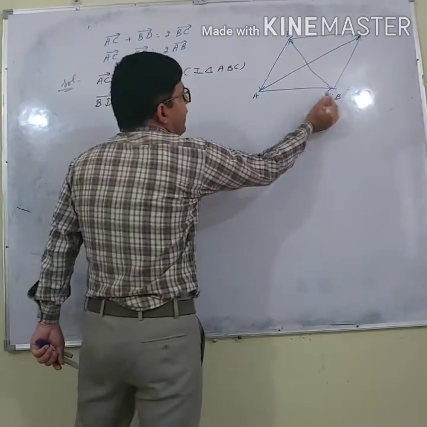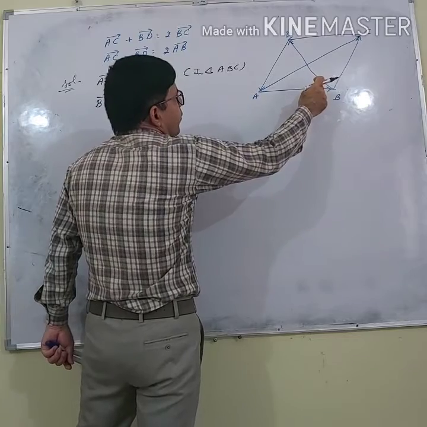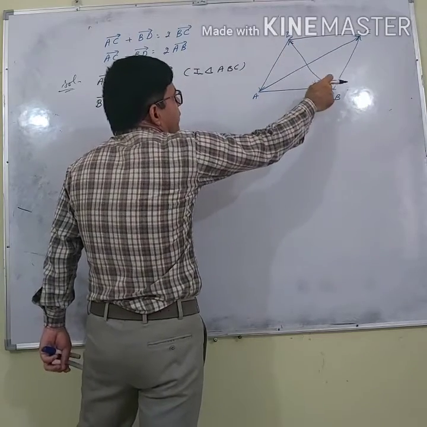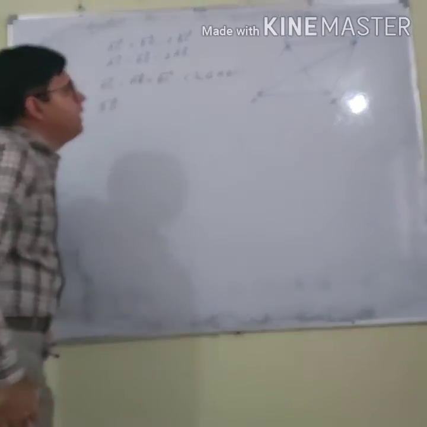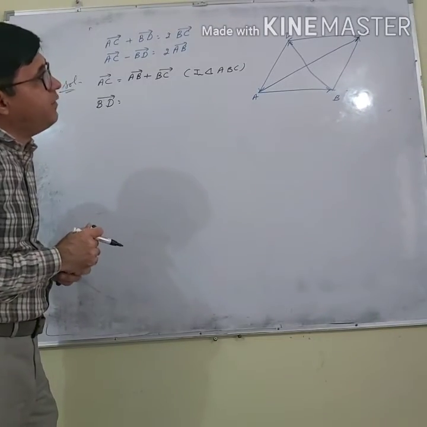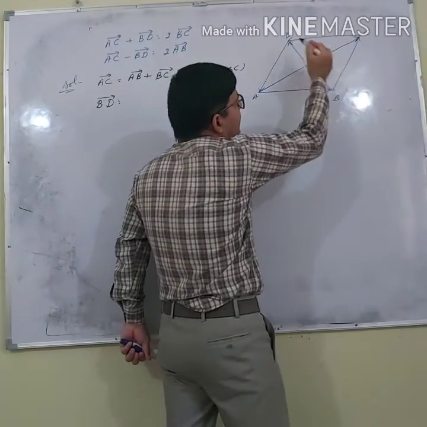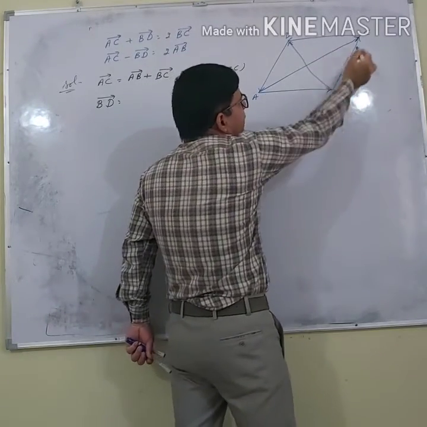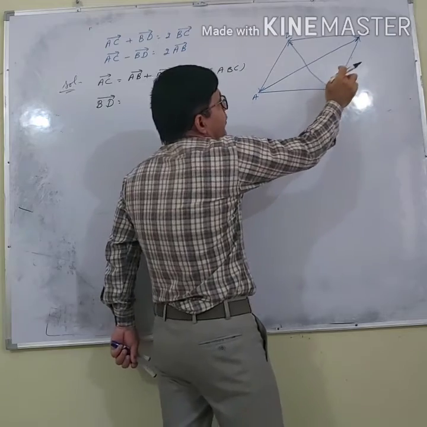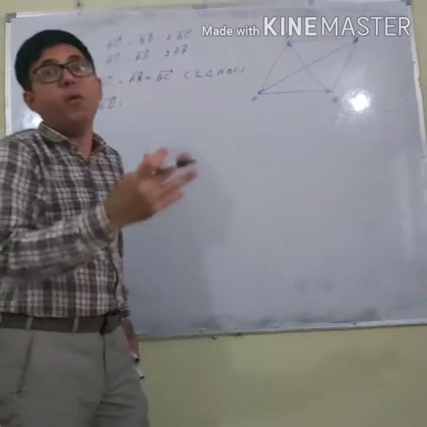In triangle BCD, BC and CD are in the same order, but BD is in opposite order.